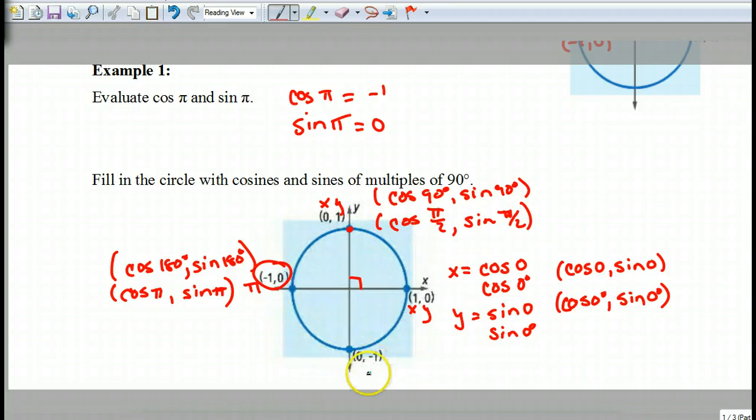And then at the bottom, I have 3/4 of the circle, which is the same as saying cosine of 270. Oops, that should be 270. Sine of 270. And I could also say cosine of 3 pi over 2 or sine 3 pi over 2.